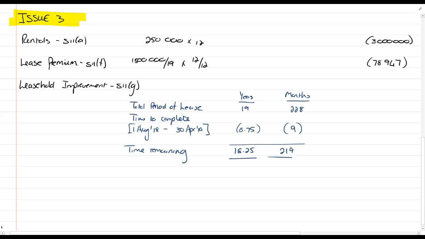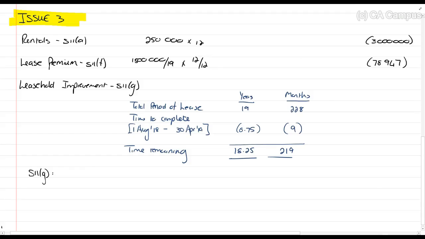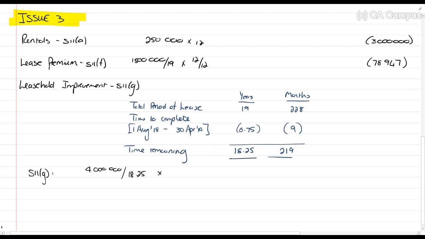Okay, so now when we do section 11G, you can either say, remember the contract told us that we had to do it for 4 million rands, we spent 4.5 million rands, we used the lower of the two. So 4 million divided by 18.25. I'm just going to remind you, we use this from May. So May to December, it's 8 months, so times 8 over 12.